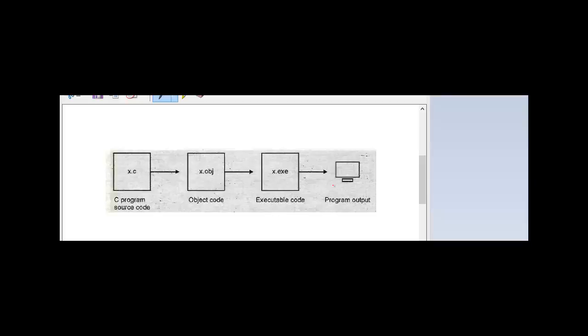The file is also called x.exe. The logic from x.obj and the header files are completely combined into x.exe, which is our executable code. Problem here is the final executable code we got with C language is machine dependent.